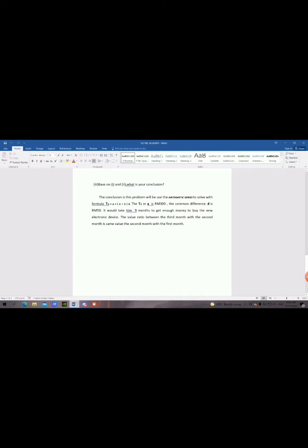The common difference D is 50 ringgit. It would take him 9 months to get enough money to buy the new electronic device. The ratio between the third month and the second month is not the same as the ratio between the second month and the first month.